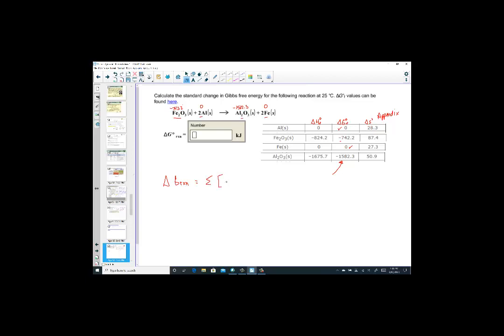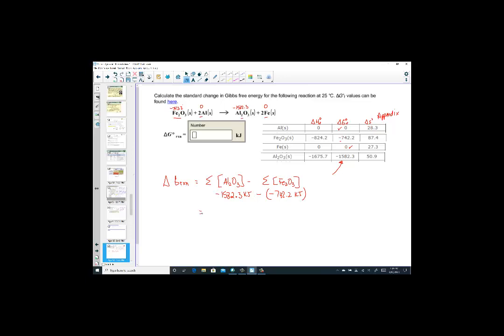Well, the product here would be aluminum oxide minus the reactant, which would be iron(III) oxide. And we said the value of negative 1582.3 minus the value of negative 742.2 kJ gives us the overall delta G value.